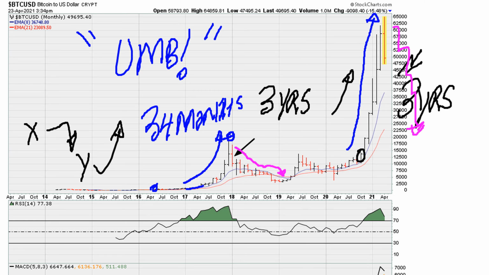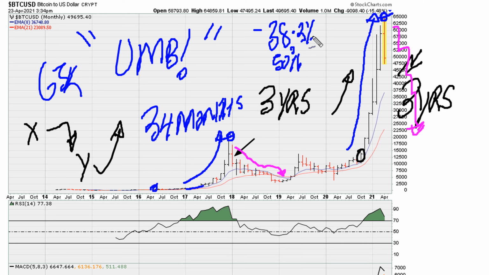The other housekeeping item I would like to do is this. Generally speaking, when a market is due for a correction after a massive move, there are a couple of price targets off the highs, whatever the highs. So we can say about 65,000. The price target on the downside is either 38.2% off the high, or 50% off the high.